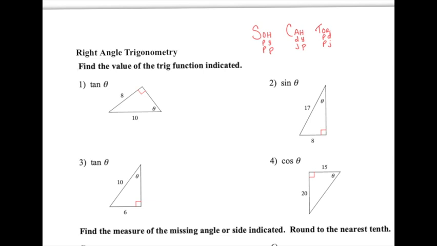So it is always relative to the angle that you're talking about. The first thing you want to do when you come up to a problem like number 1 is figure out where your angle is. My angle is right here. That's where they have that theta. If I were to stand in the corner of that angle and walk all the way across this angle, I would get to my opposite side. Stand in the angle, walk across, you get to your opposite side.